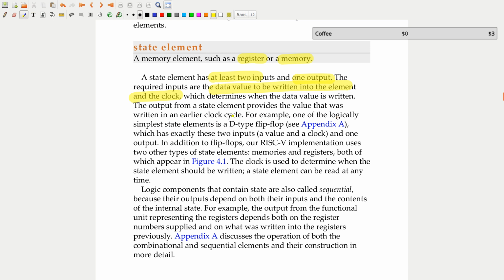So for example, one of the logically simplest state elements is the D-type flip-flop, which has exactly two inputs, a value and a clock, and one output. In addition to flip-flops, our RISC-V implementation uses two other types of state elements, memories and registers. So we have instruction memory, and then we also have data memory.